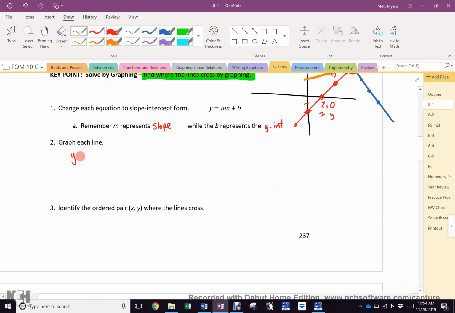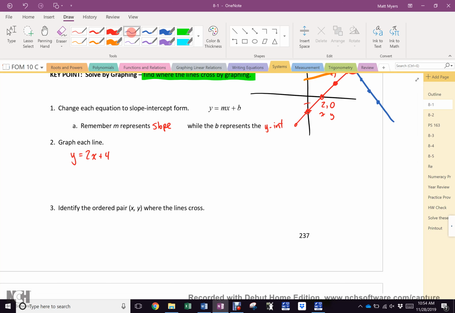That's not slope-intercept form. Y equals 2x plus 4. Everyone agree? Yeah? Okay. Everyone's cool?